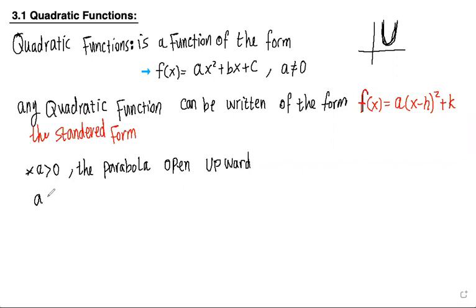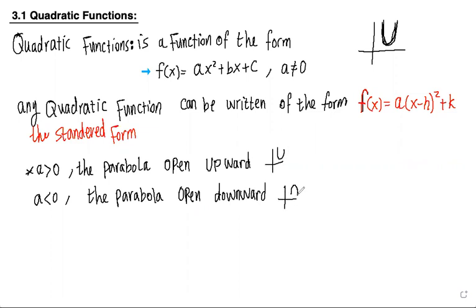If a is smaller than 0, the parabola opens downward. So the graph will be something like that, and here the graph will be something like that.